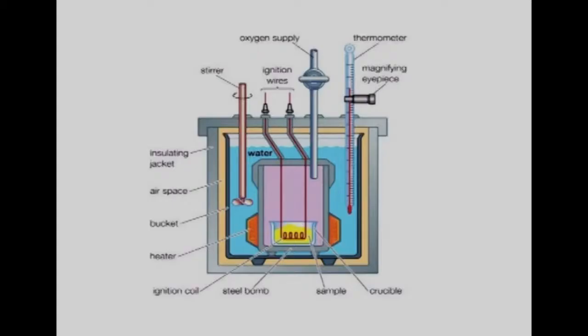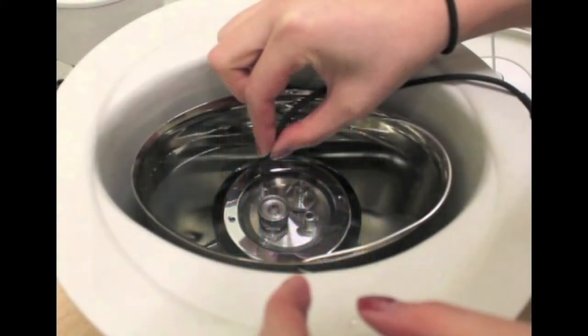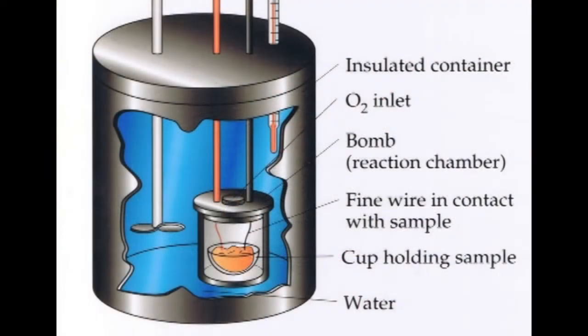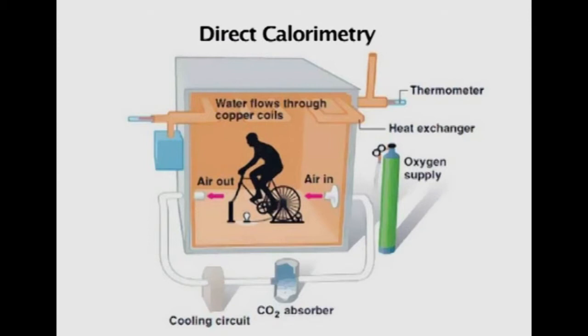This is a rough diagram for you all to have a look at how a bomb calorimeter looks. A small sample of food is ignited and there is a direct recording of the heat that is released, and then we know the calorific values of the food. This is what we call direct calorimetry.